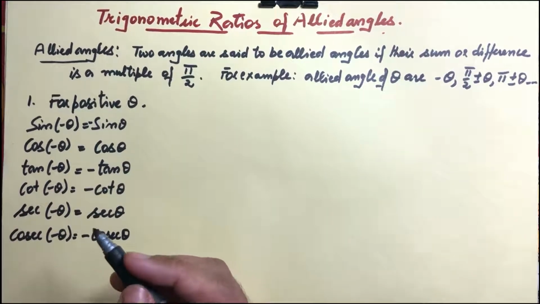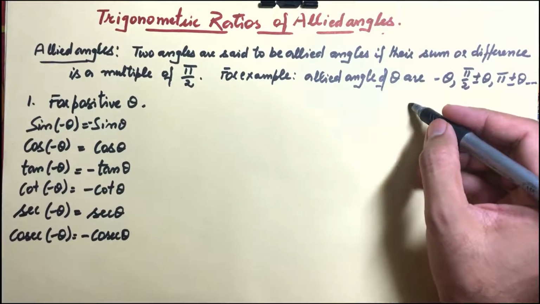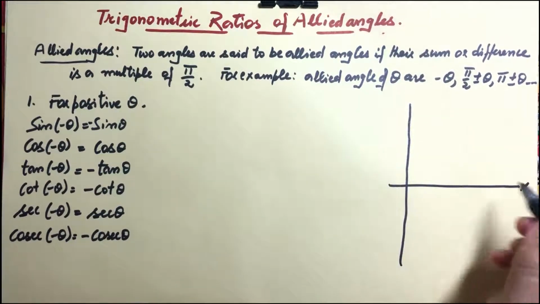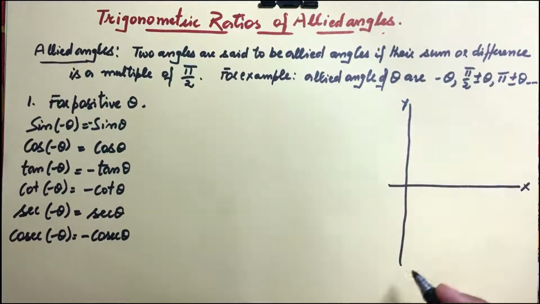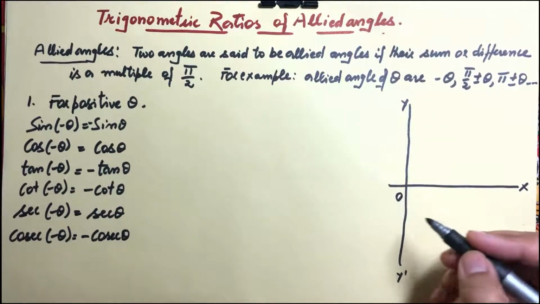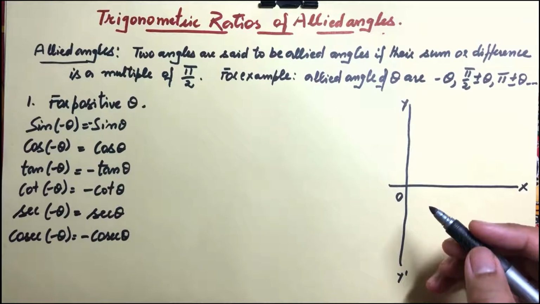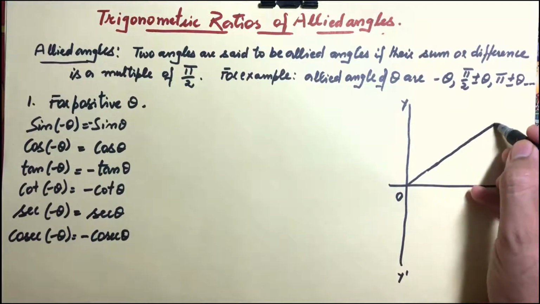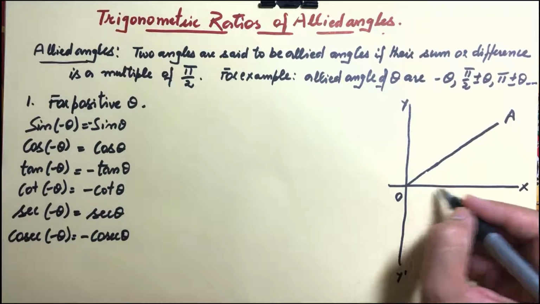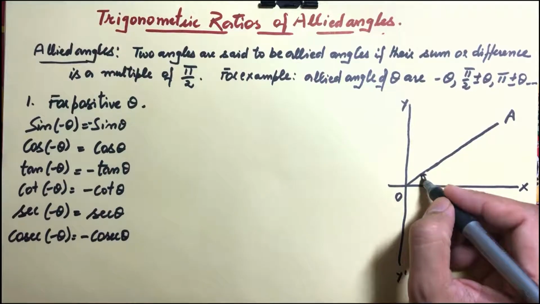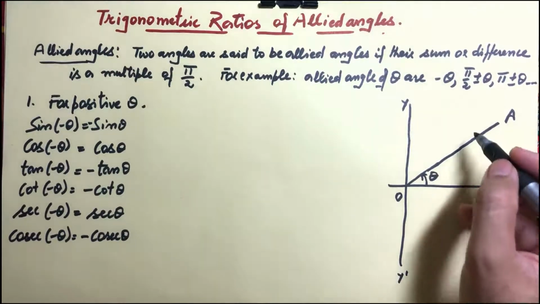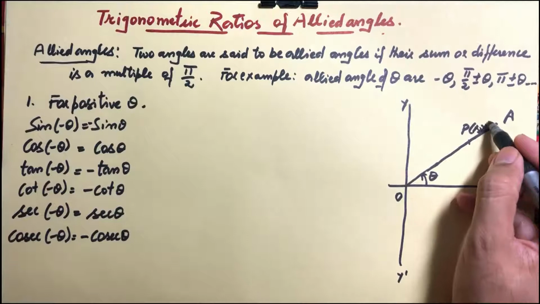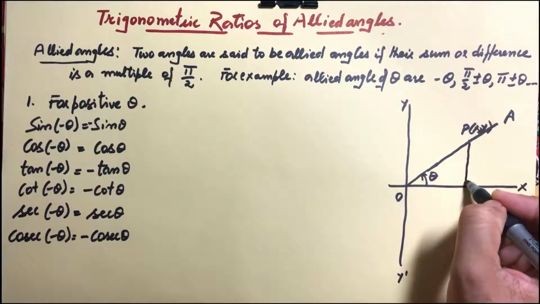Now to prove these results, we need a diagram. Let this be the x-axis, this is positive y and this is negative y, and this be the origin. We let the terminal axis be OA and this be the initial axis. This angle is positive theta, and we let a point P here with coordinates x, y, and we draw a perpendicular from here.